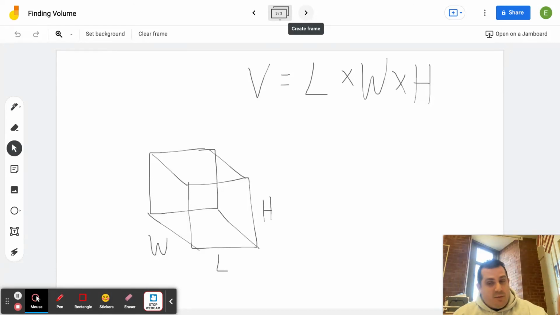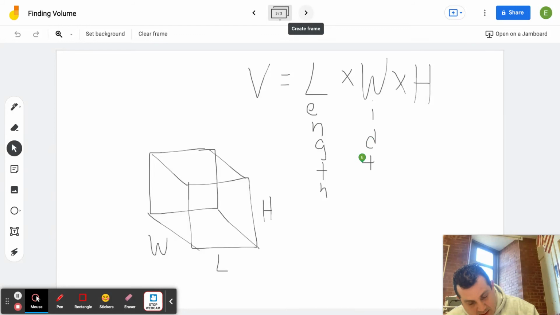Larry with Harry is length times width times height, L times W times H. I guess I could write it: length, width, and then height.